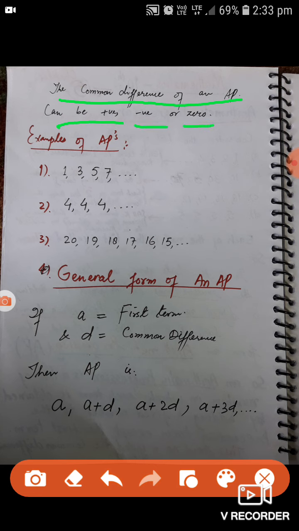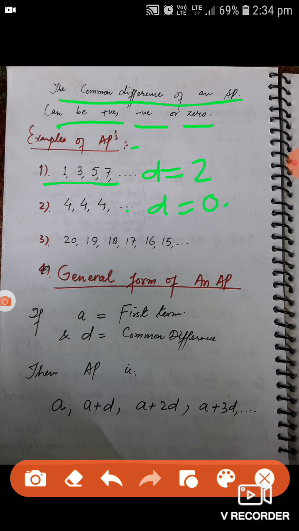Now examples of APs. We can give examples such as 1, 3, 5, 7 and so on. Here the common difference is denoted by d, and it is equal to 2. So it is an increasing AP. Here we see that the common difference is 0, because 4 minus 4 is equal to 0, and so on.